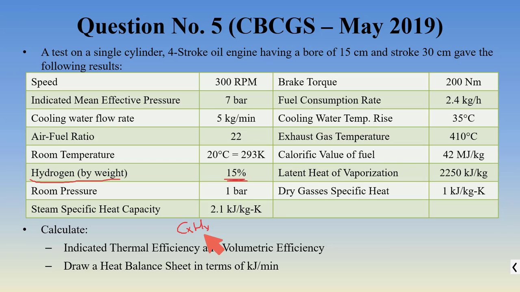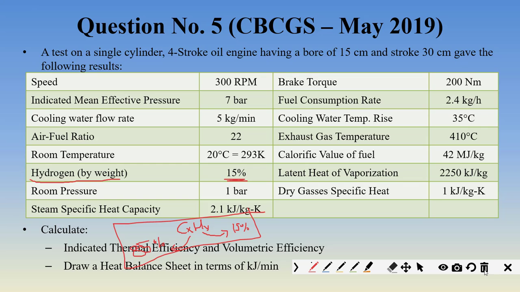Every fuel is a hydrocarbon. Out of this, the mass of hydrogen is 15%, and the remaining 85% is carbon. So using this logic, we are going to find out the mass of dry gases and the mass of water, right?